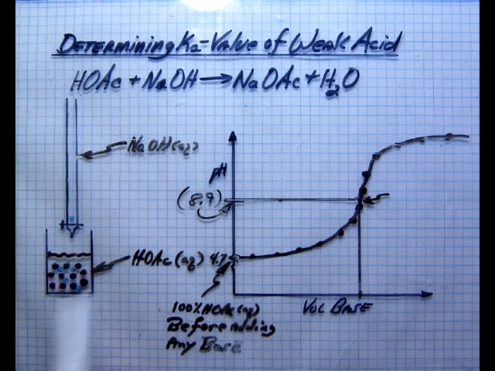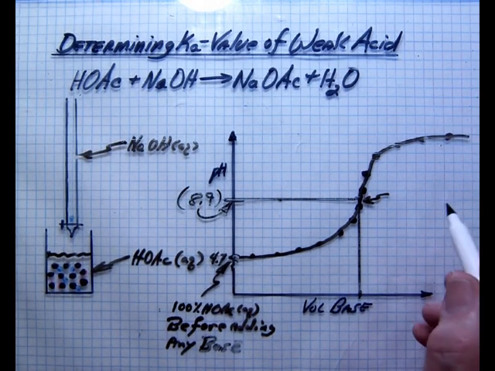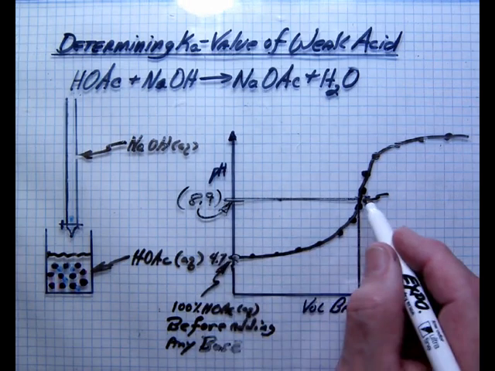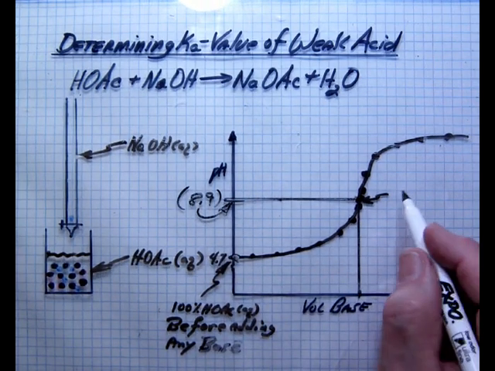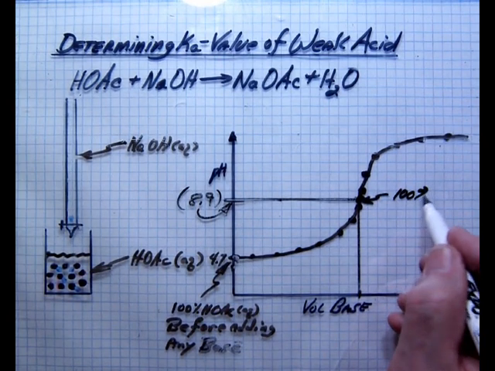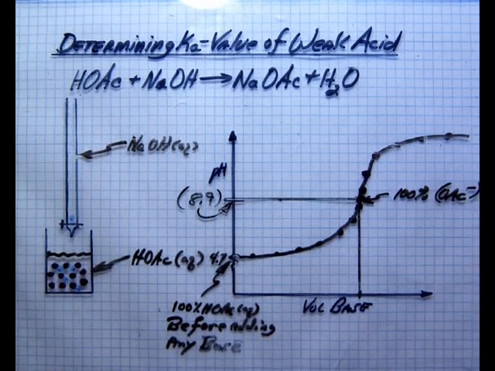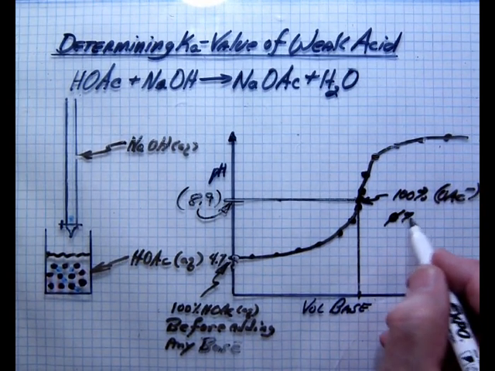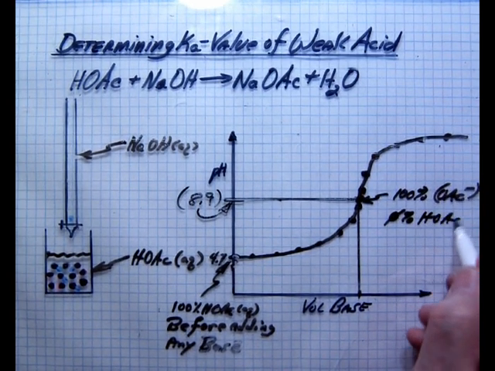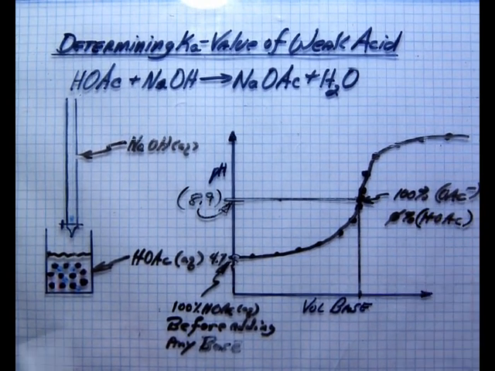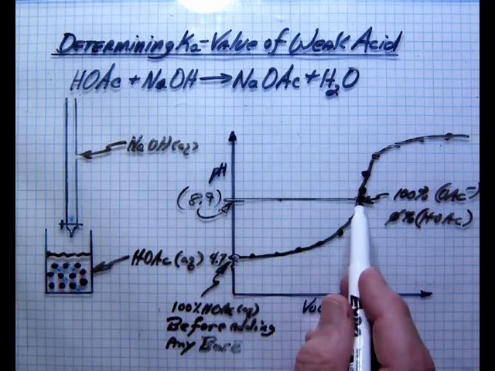So we've neutralized all of the original acid. So at the 8.9 equivalence point, we have 100% OAc minus right there, and 0% HOAc. So all of the acid has been converted to salt at the equivalence point.